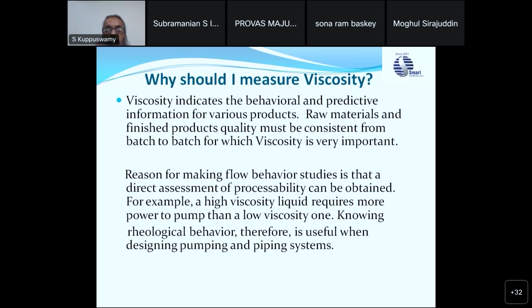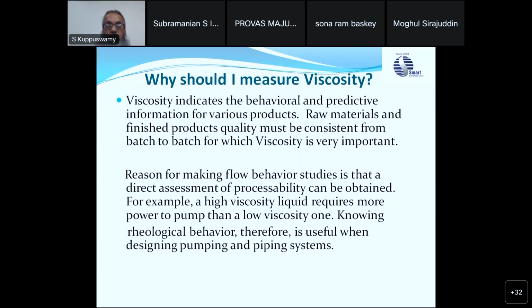Next comes, why should I measure viscosity? What's the logic? Viscosity indicates the behavioral and predictive information for various products. Raw materials and finished products quality must be consistent from batch to batch, for which viscosity is very important.